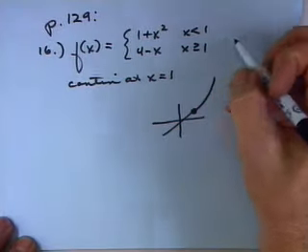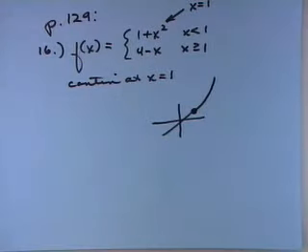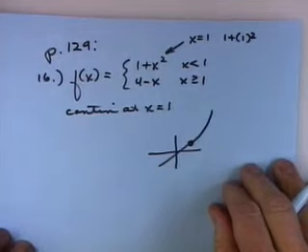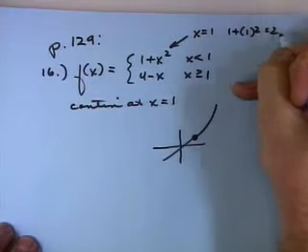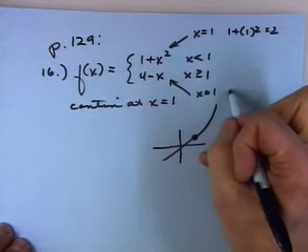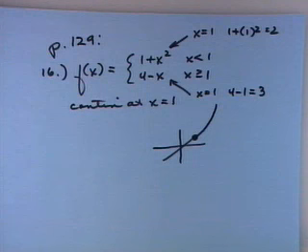Now, is that the case here? What do we get here when x is equal to 1? 2. We get 2? Be nice if we could see that too. And what do we get here when x is equal to 1? 3. Does that give you a pretty good clue that it's not going to be continuous? Probably got a situation where we're coming down to different values.